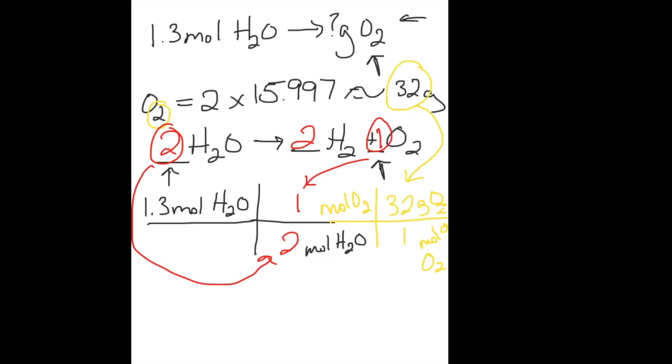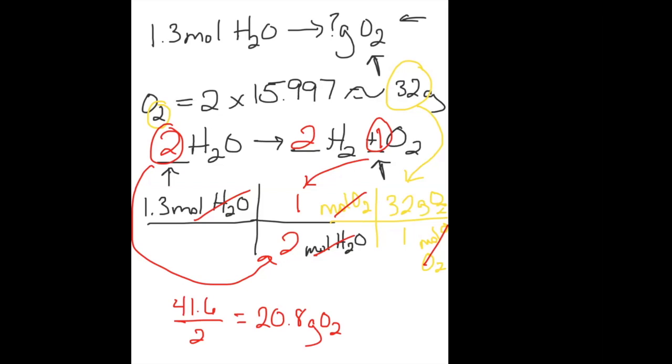Now, I can cancel out my moles of water. I can cancel out my moles of oxygen, and I'm left with my grams of oxygen. 41.6 divided by 2 is equal to 20.8 grams of oxygen. So that's kind of an in between step.